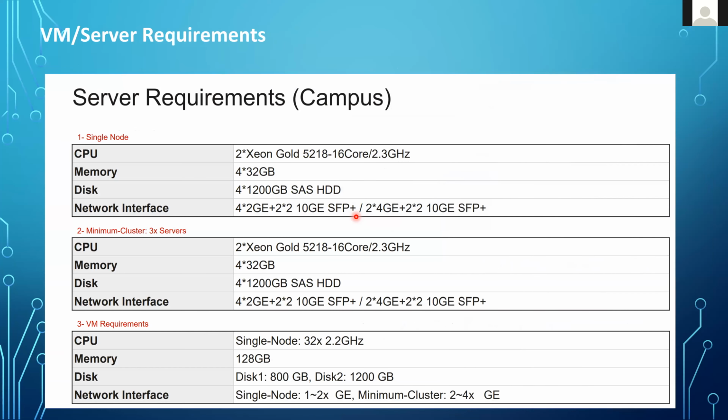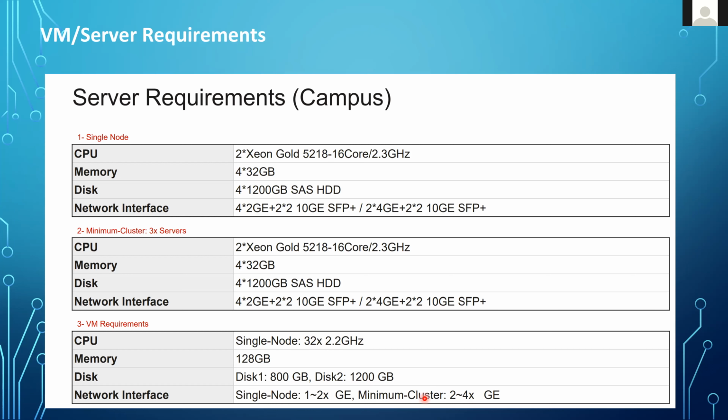So what are the requirements for the VM? We are following these 3 VM requirements. Our single VM will be 32 cores at 2.2 gigahertz. You need 32 vCPUs, 128 GB RAM per node, and 2 virtual disks. The boot disk must be 800 GB, and the second one must be 1200 GB.